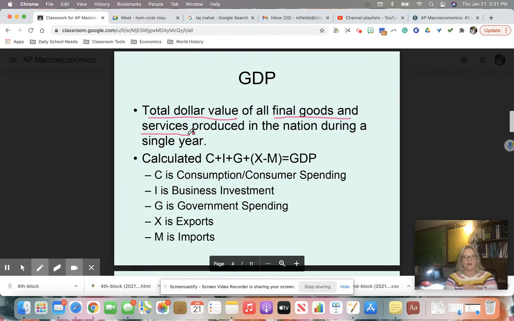It has Goodyear tires on it, and it has an Interstate battery in it. I don't know what kind of batteries or tires come in it, but let's just pretend. When Ford bought those Goodyear tires or that Interstate battery from those companies, that did not go into GDP, because that wasn't the final time the battery or the tires were sold. The final time they were sold was when you purchased the car.